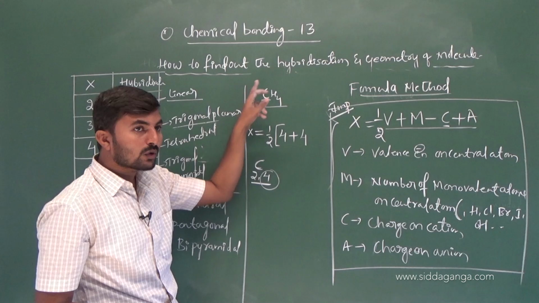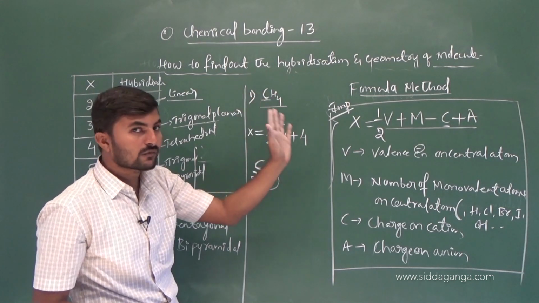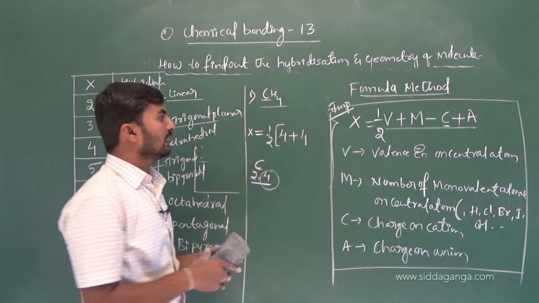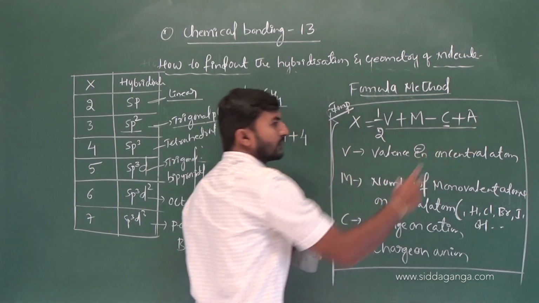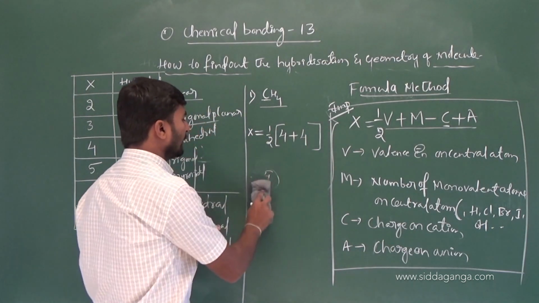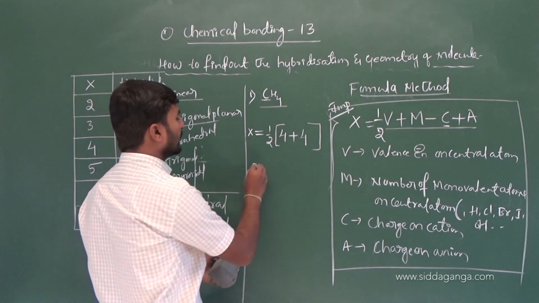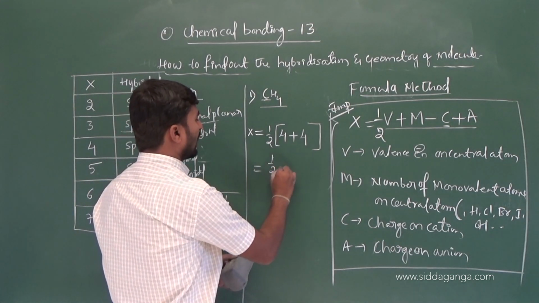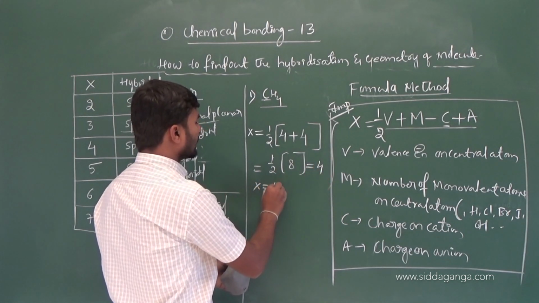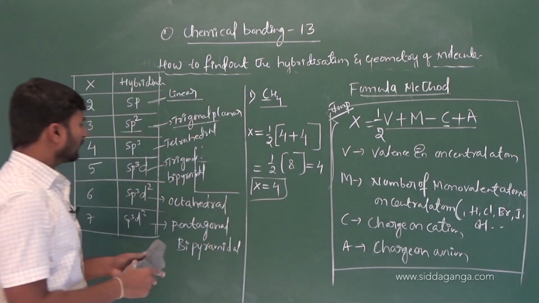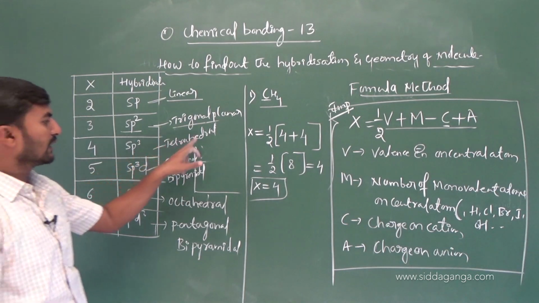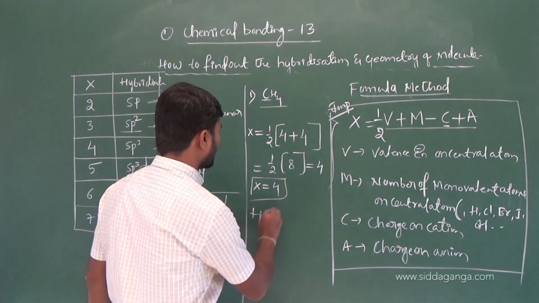It is a neutral molecule and does not carry any type of charges, either positive charge or negative charge. That is why these two values are 0. Now half into 8, 8 means that is 4. If the value of x becomes 4, then which type of hybridization is it? sp3 hybridization.